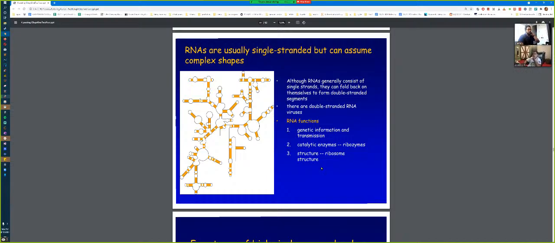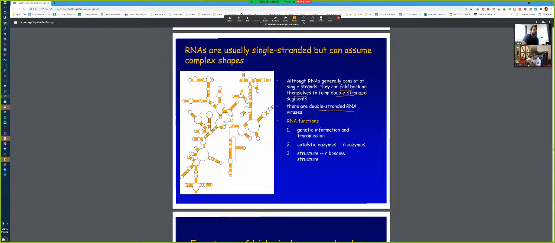So I should just write down those three things, right? Yeah, you should write down that RNA single strands can fold back on themselves to make double strands.